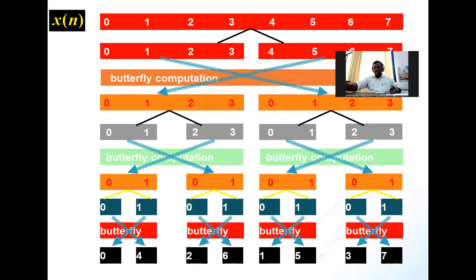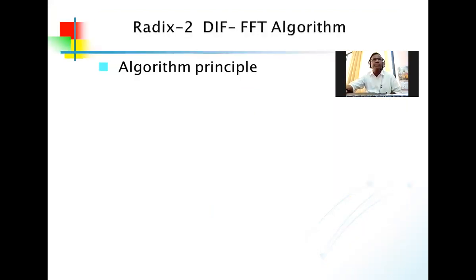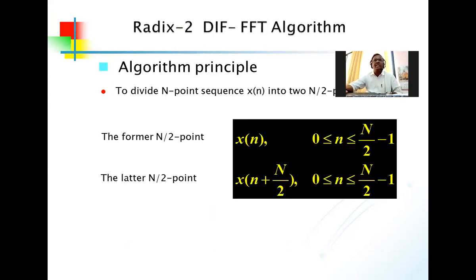So let us understand with the equation part. Let us understand how we are dividing the equation: the N/2 points we divide as the values 0 to 3, and the later N/2 values from 4 to 7. That means the first 4 values and the second 4 values. The equation is written as x of n, with n from 0 to N/2 minus 1.